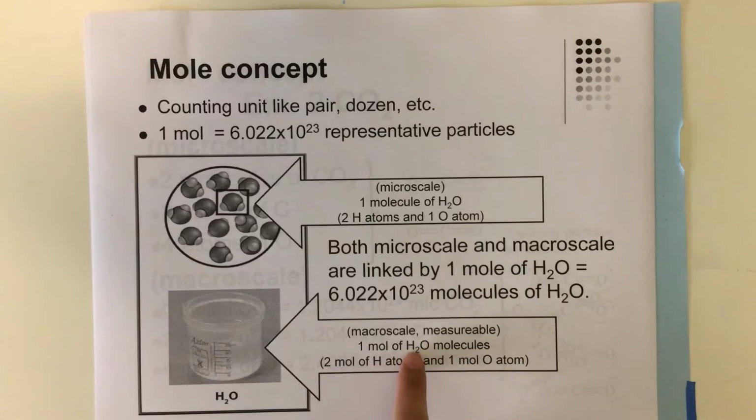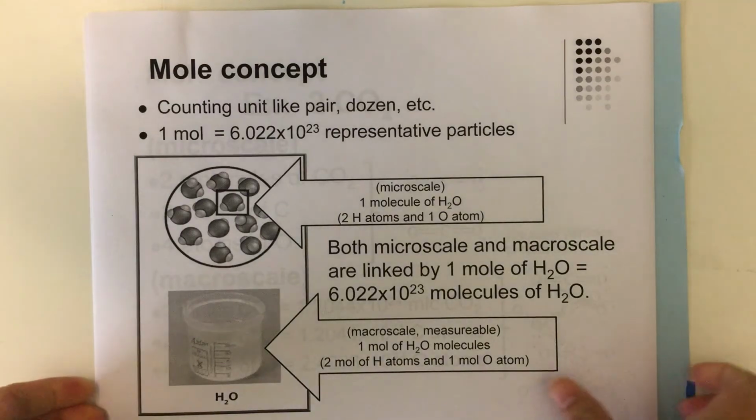And in a mole of water, there's 2 moles of hydrogen atoms and 1 mole of oxygen atoms. So if you can imagine inside this container of water, which has a mass of 18.02 grams per 1 mole, inside this container, there's 6.022 times 10 to the 23rd water molecules.